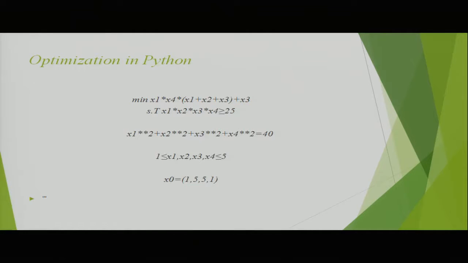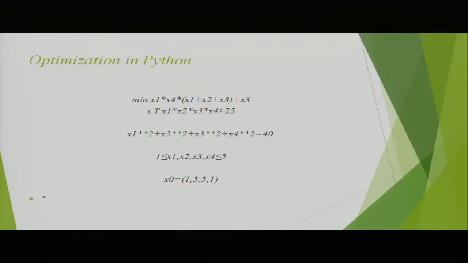And we have bounds out there, right? You can see all of them should be between 1 and 5. And we have initial guesses for those particular values. That's x0: 1, 5, 5, 1.